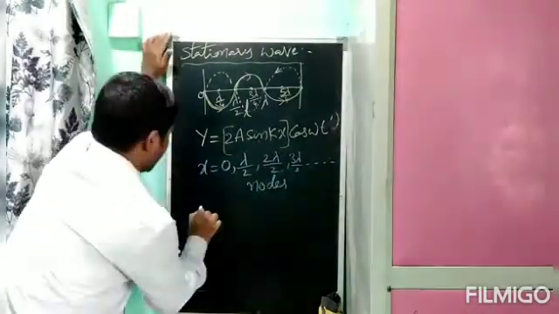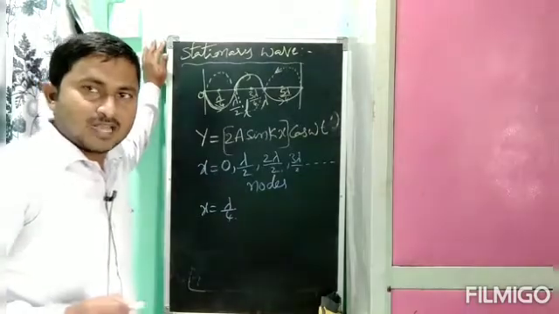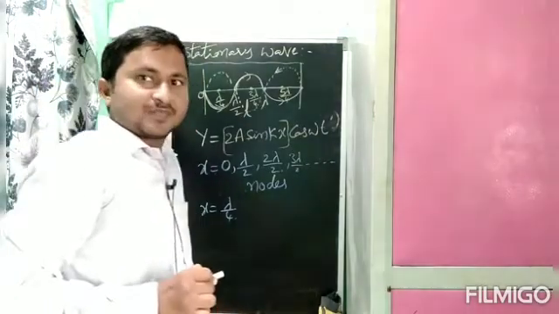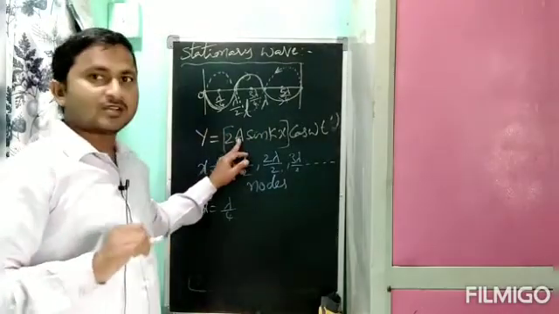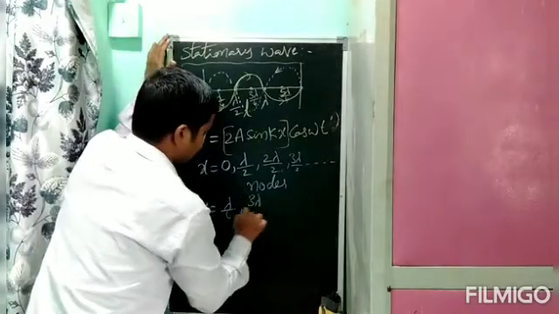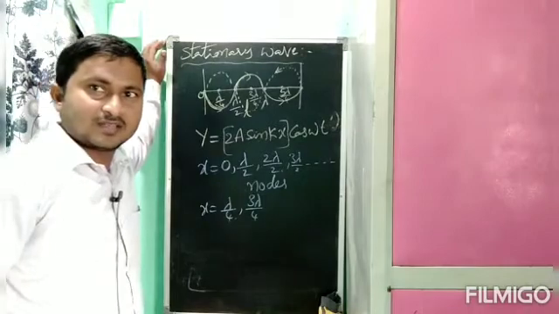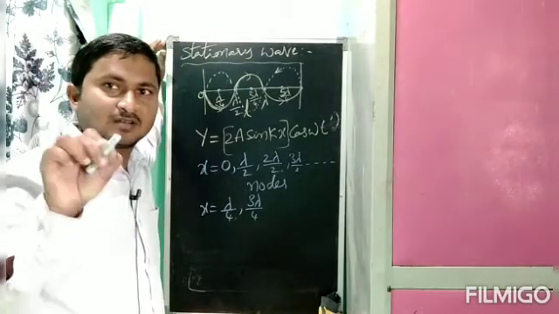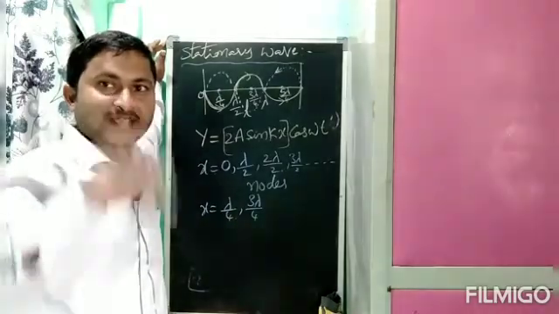Similarly, at x equal to lambda by 4, which means 90 degrees, sin 90 is 1, so the resultant amplitude becomes maximum. At 3 lambda by 4, which means 270 degrees, sin 270 is minus 1. Here minus indicates the opposite direction, but the magnitude is maximum.